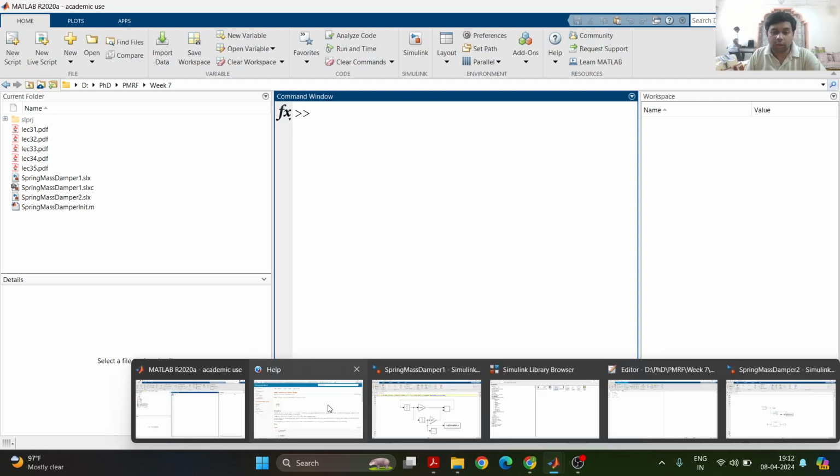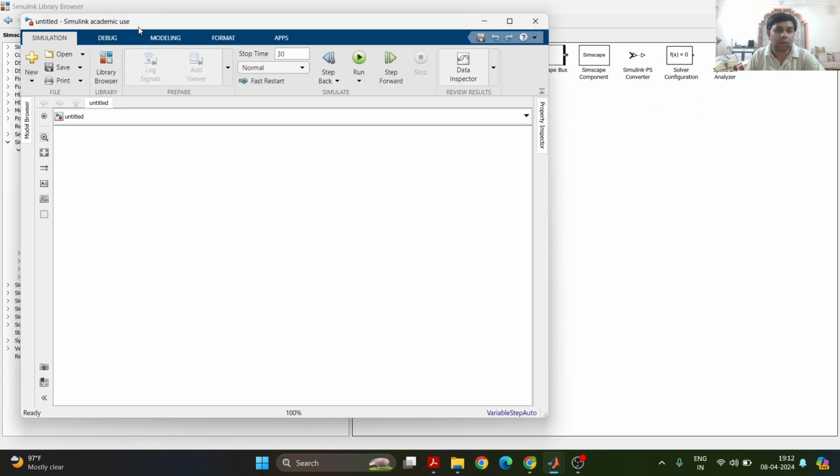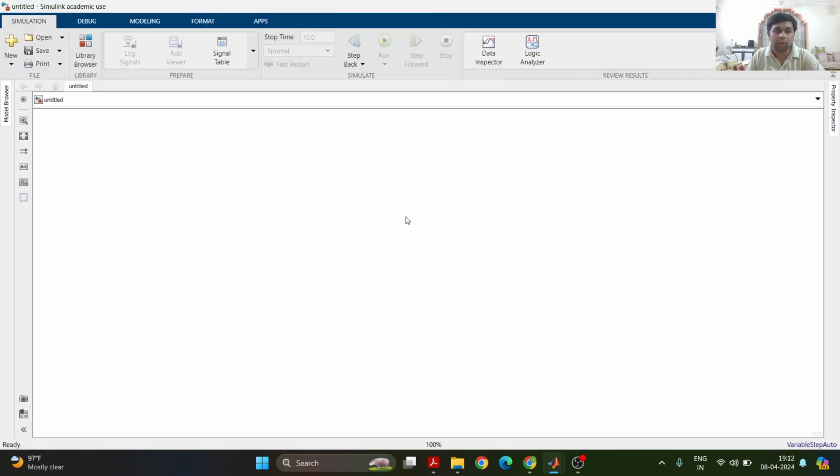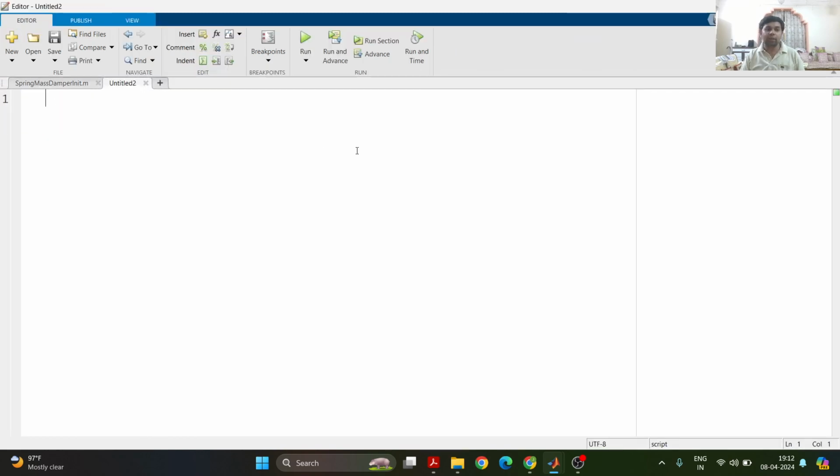Then we'll go step by step, and first we'll create a blank model. To initialize this model, we need some parameters that are used in the model.